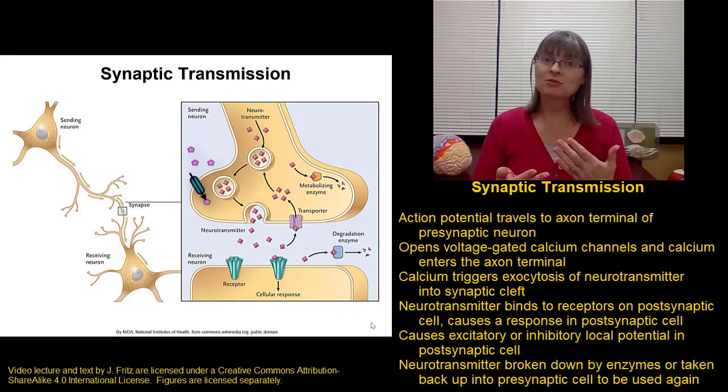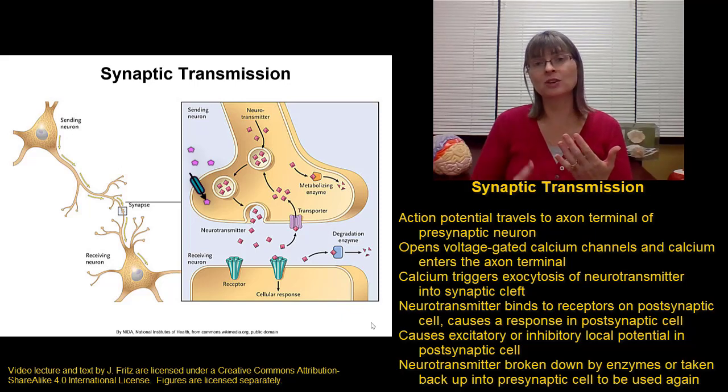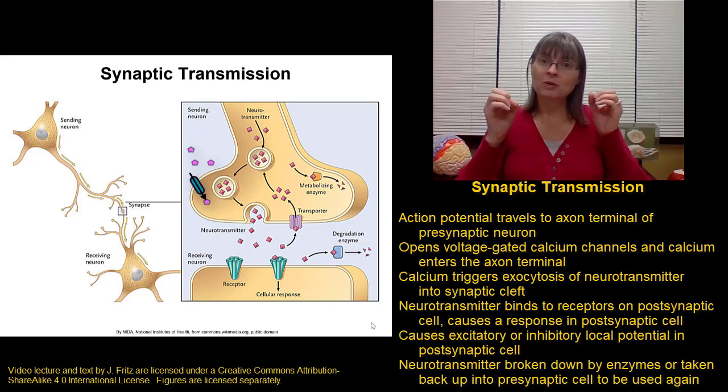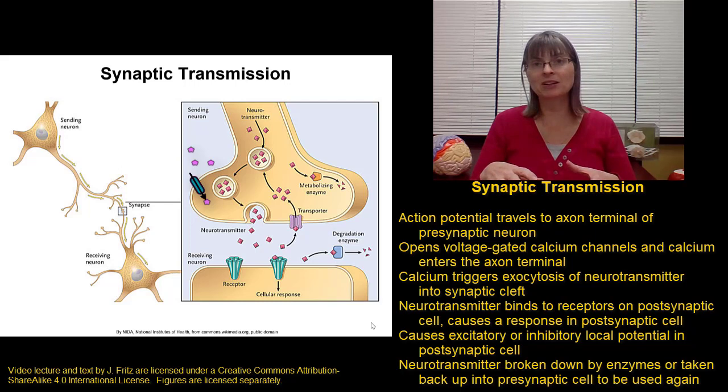But if it gets cleaned up too fast, there's not a big effect of that serotonin and you don't have that feeling of well-being. By blocking serotonin reuptake, when the serotonin is released into the synaptic cleft, it stays there longer and it has a bigger effect on the postsynaptic cell, increasing feelings of well-being.